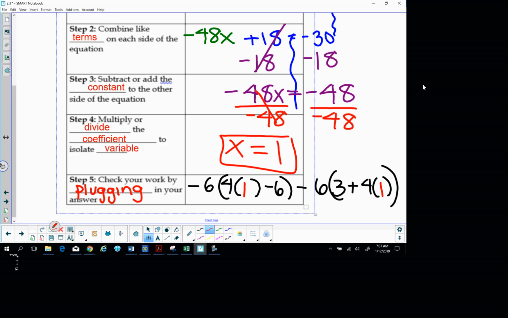When you plug this in, what do you end up getting in your calculator? Make sure this is a minus right here. Does anyone need help putting it into their calculator?